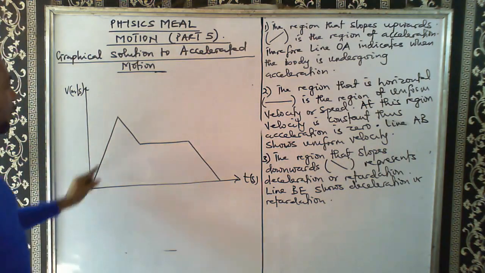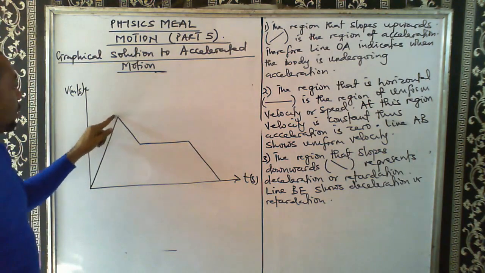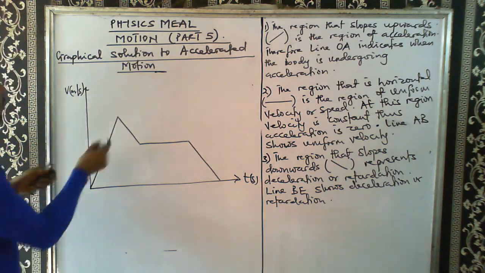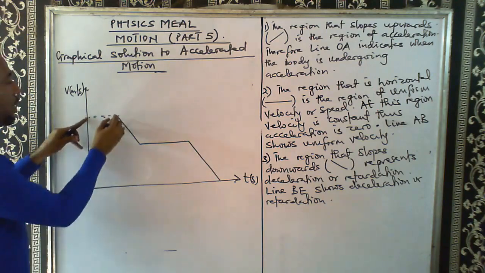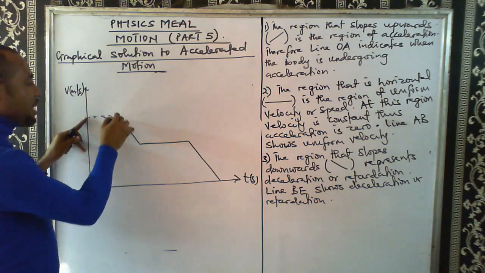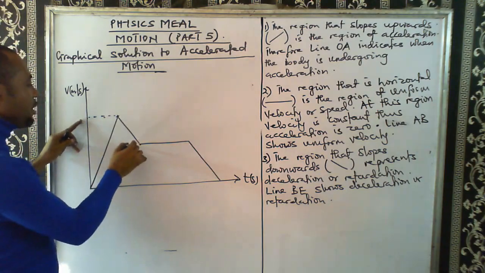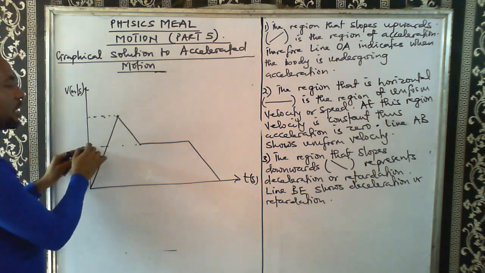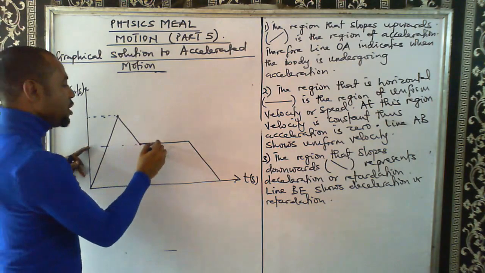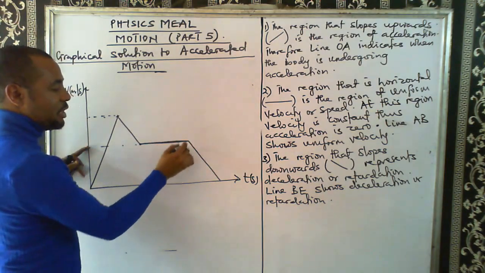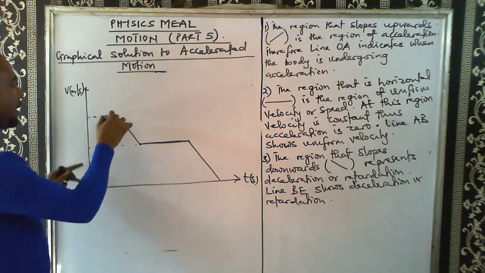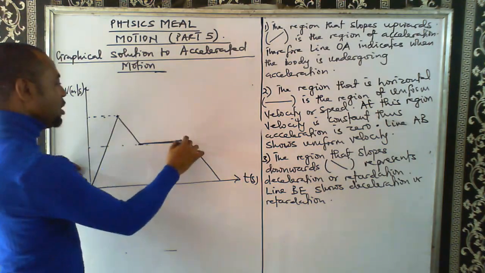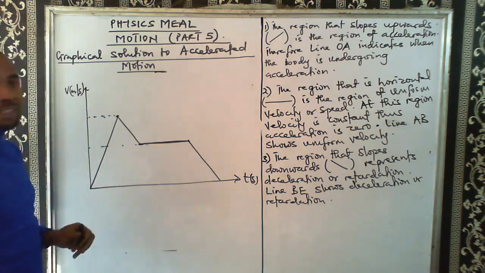In this motion, a body accelerated, reaching a particular velocity. Then from that velocity, it decelerated to a new velocity, which you can trace to this point, and then moved with uniform velocity before deceleration. You see, that's what happened. Accelerated, decelerated, moved with uniform velocity, then decelerated.